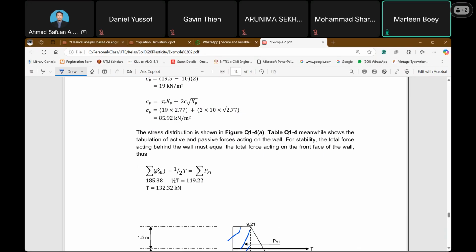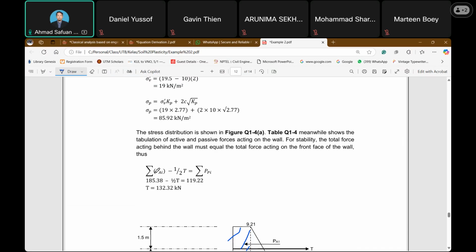However, it depends on the bending moment of the sheet pile. We cannot, for example, to save the cost, use a larger spacing. At the same time, we need to calculate what is the capacity of the sheet pile. So it should be designed together.